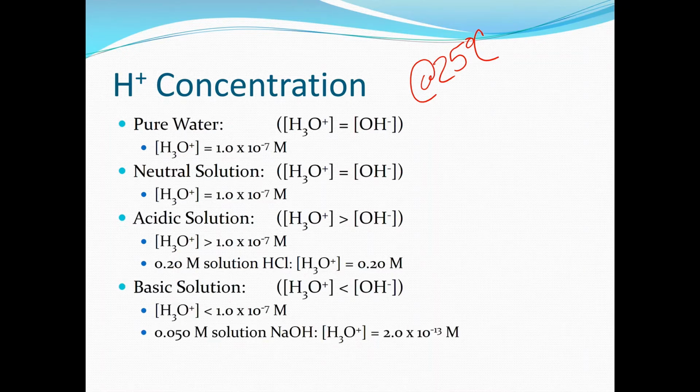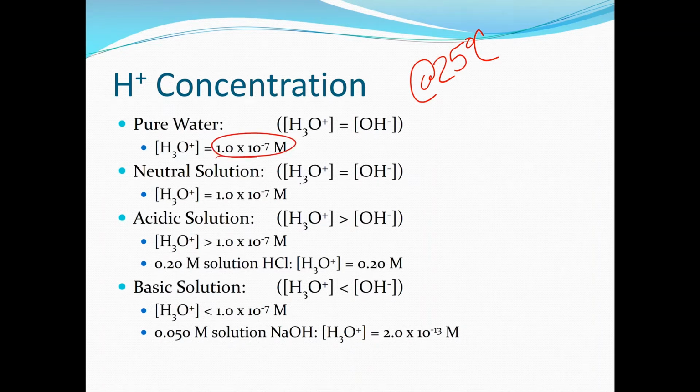A basic solution, therefore, is going to be defined as one that has less than 1.0 times 10 to the negative 7th at 25 degrees Celsius. But really, truly, our definition is that the hydronium ion concentration is less than the hydroxide ion concentration. And so if we have a 0.050 molar solution of sodium hydroxide, that would give us a hydronium ion concentration of 2.0 times 10 to the negative 13th.